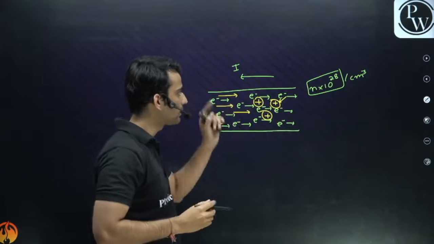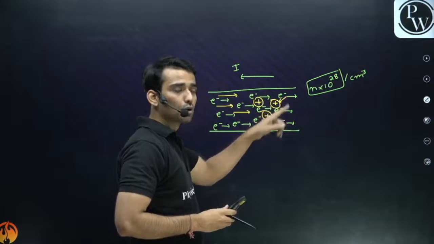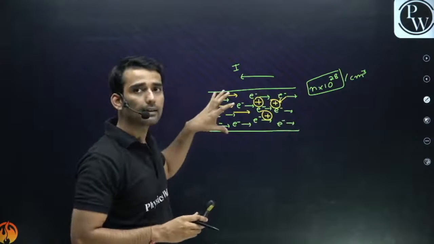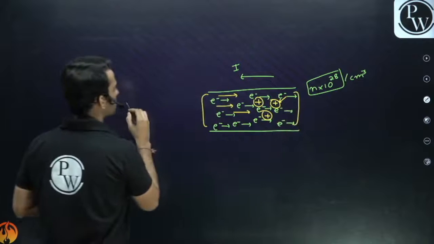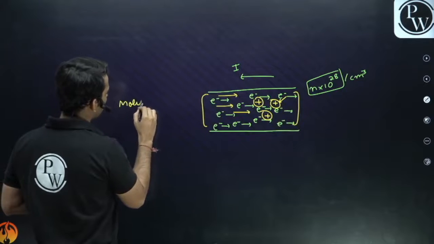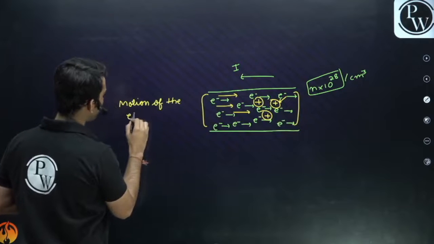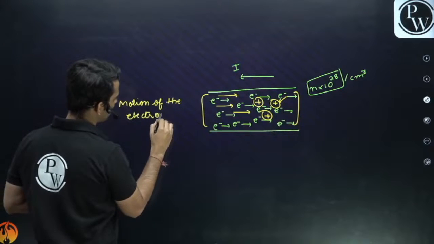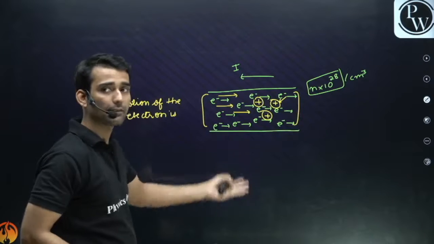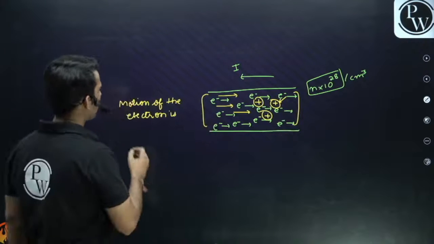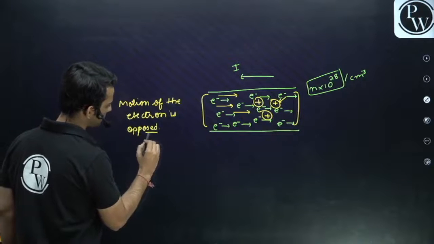It will hold it back, this positive ion. So basically the motion of the electrons is opposed. Why? Because we have so many positive ions and so many electrons. So the motion of electrons is opposed, guys.